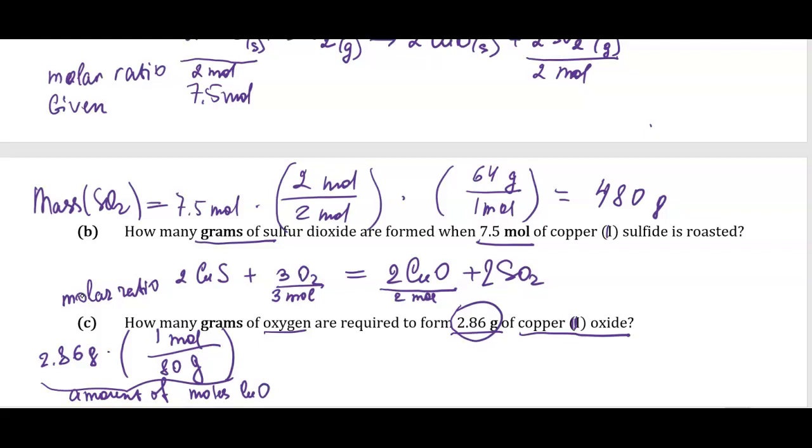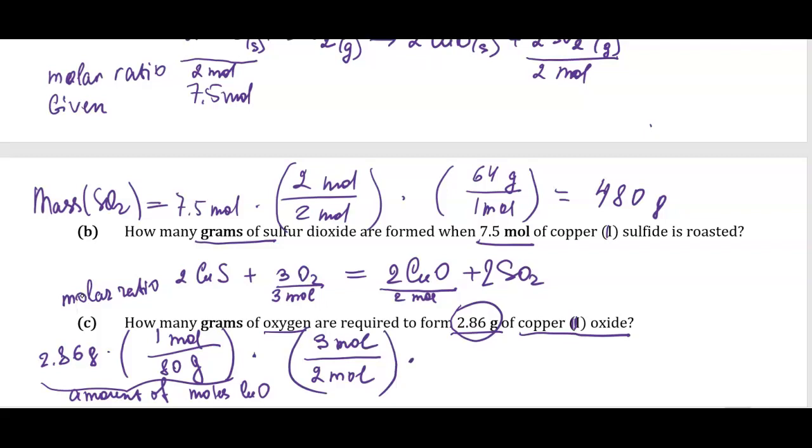But after that I need to end up with the amount of moles for oxygen, and I have my conversion factor 3 to 2. The amount of moles for copper oxide will be here, and the amount of moles for oxygen will be here, right?